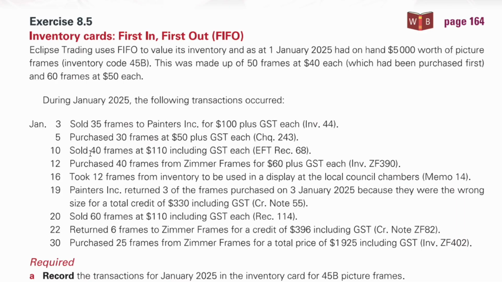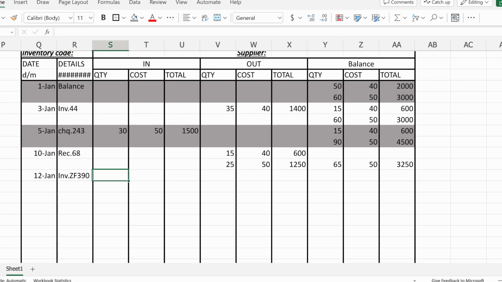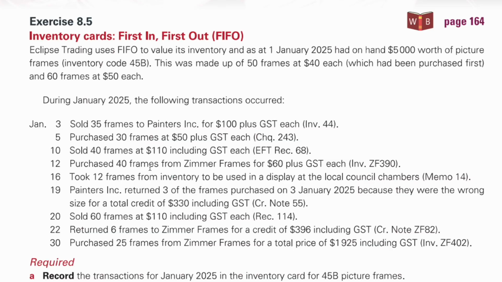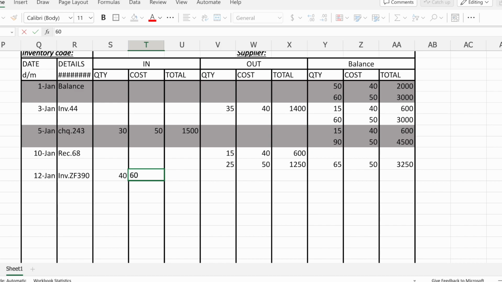They said they purchased 40 frames from Zimmer. So purchase 40 frames means that they'll get 40 more to the inventory. They mentioned that the price they purchased it for was $60. Now that's a new piece of inventory, so of course you add it as a new piece of inventory to your balance.